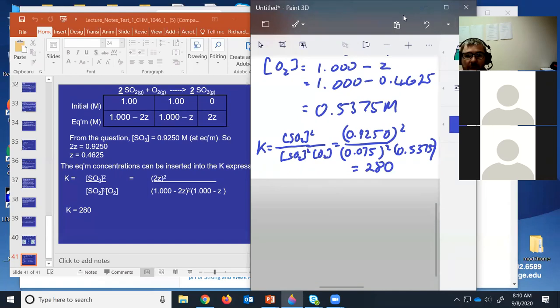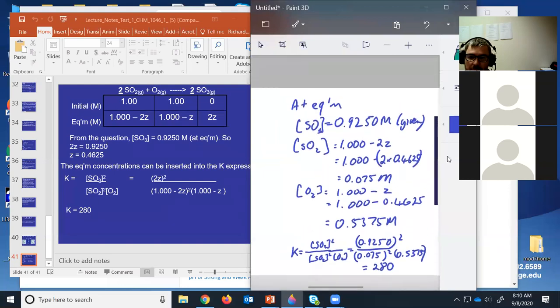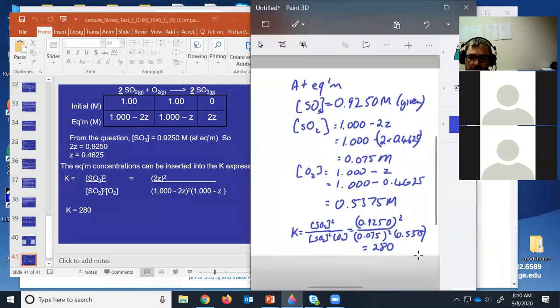So if you go ahead and put that in your calculator, you won't get 280 though. Can anybody put that in the calculator? Tell me what they get.